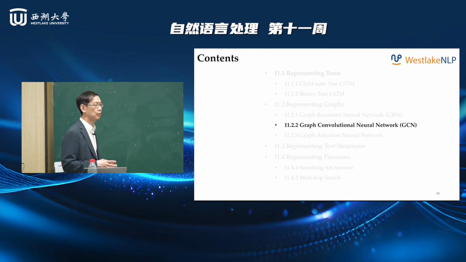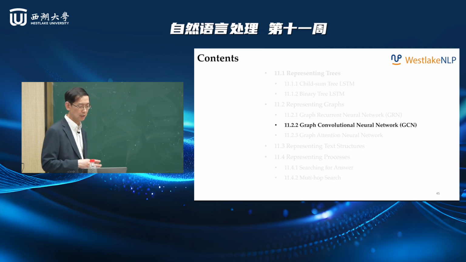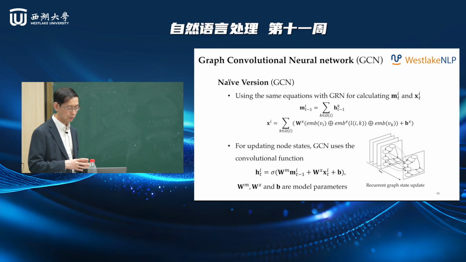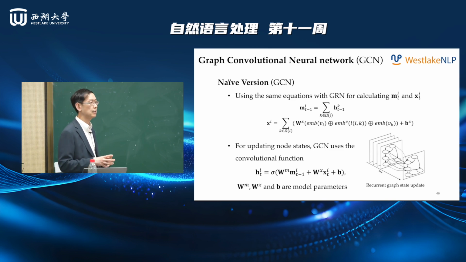But if I use CNN to collect neighbor information, I get GCN, Graph Convolutional Network. What is GCN? The first two rows show how to aggregate neighbor hidden into a message and how to aggregate the graph structure into an input, right?